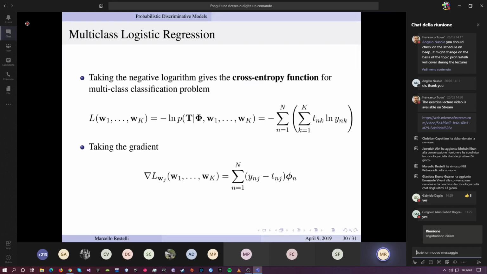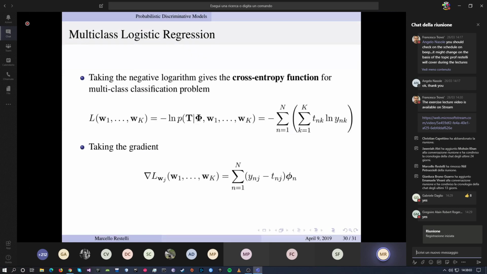Pay attention that now the loss function is a function of the weights, and you have a set of weights for each class. So we have the weights for class 1, that is W1, the weights for class 2, W2, and then up to the weights of class K, WK.